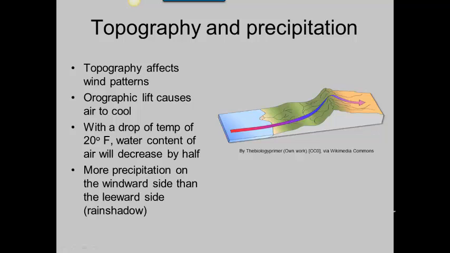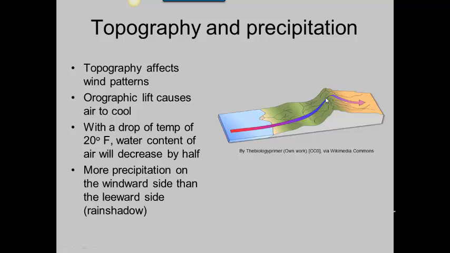Topography also has a huge impact on climate. Topography affects the movement of air masses. So as you see in this diagram, we have warm air masses coming off the ocean. We see that as that air mass moves up in elevation, when it encounters this mountain range, it becomes colder.